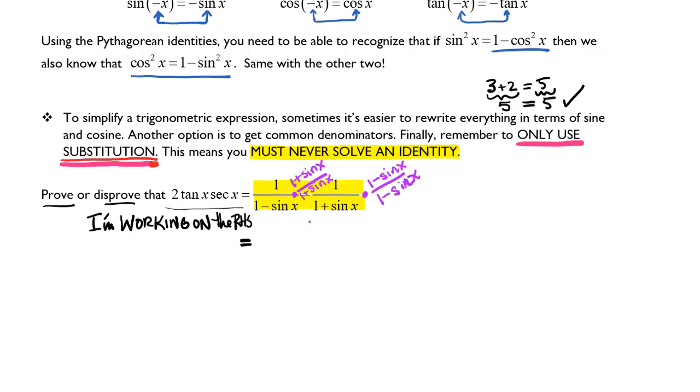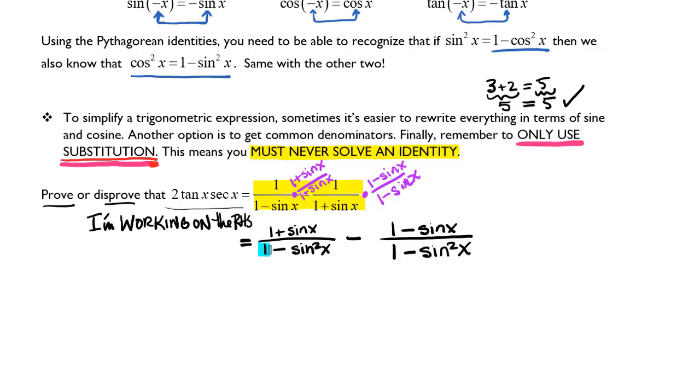Notice that when I multiply by the same thing in the numerator and denominator, it's going to be equivalent to multiplying by a funny looking 1. And so I'll have 1 plus sine x over 1 minus sine squared x minus 1 minus sine x over 1 minus sine squared x.